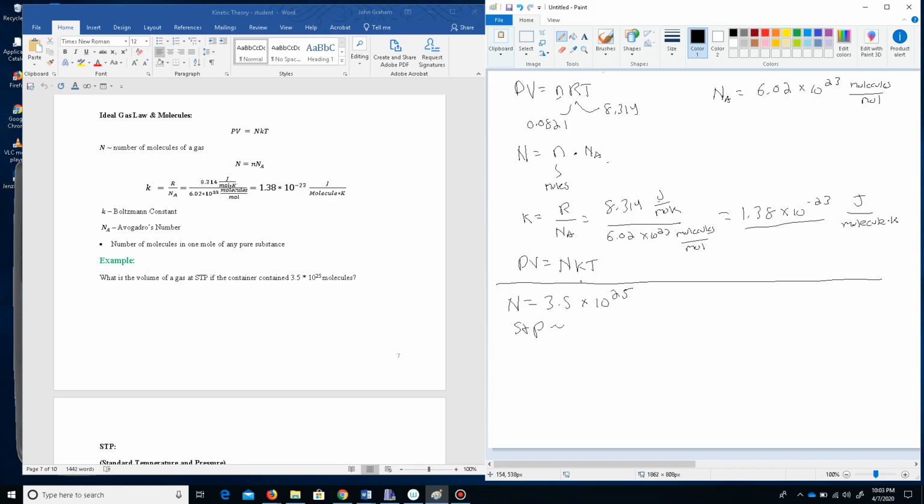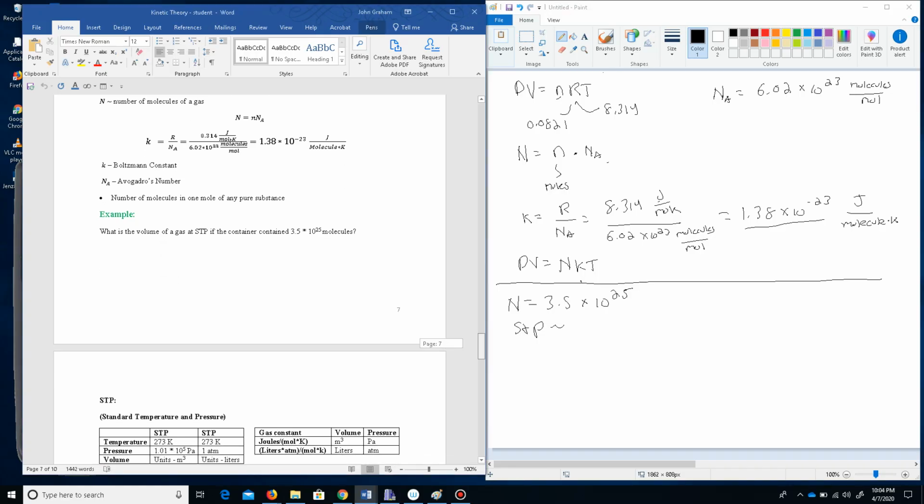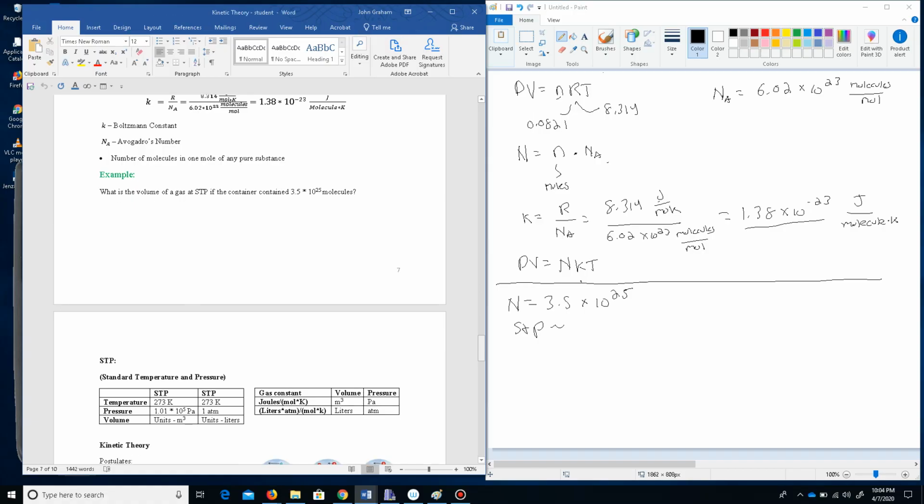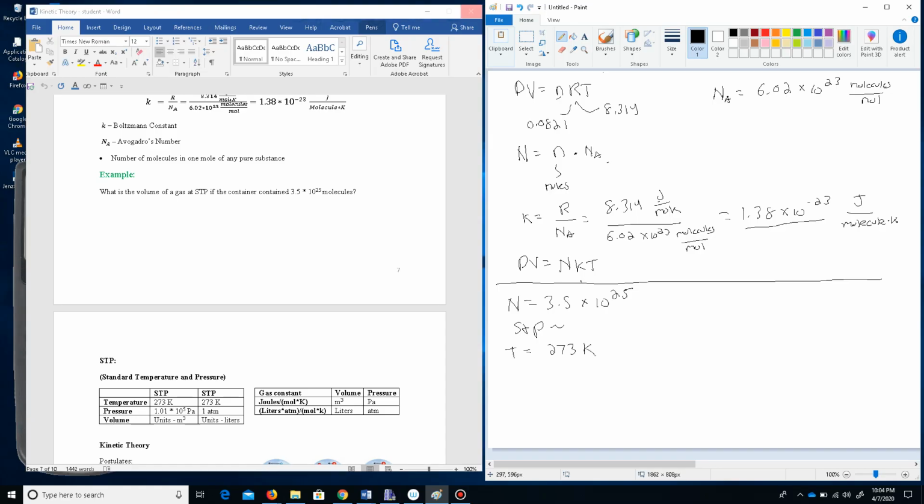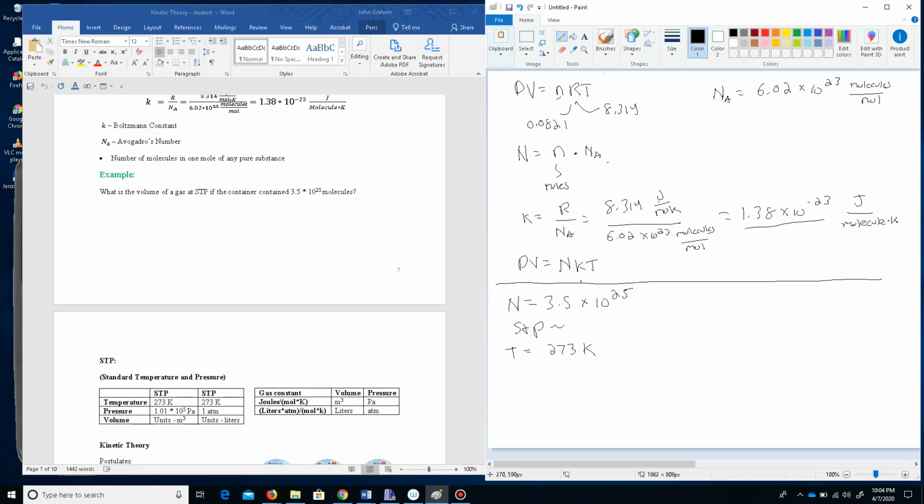STP stands for standard temperature and pressure. For standard temperature, your temperature is equal to 273 Kelvin. That's considered the standard, which is technically 0 degrees Celsius.